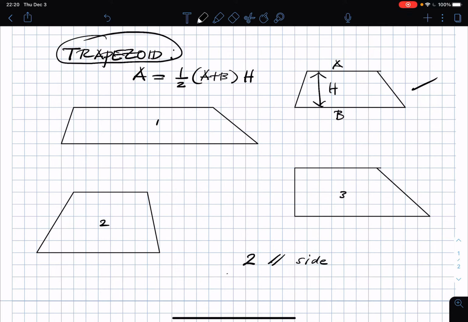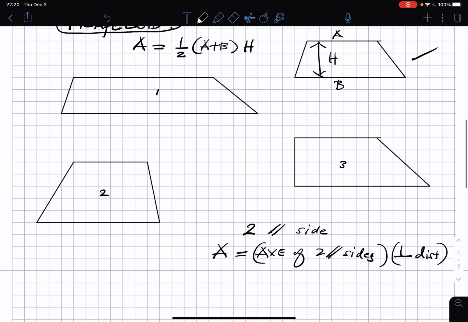And to solve the area of a trapezoid, it is the average of two parallel sides multiplied by the perpendicular distance between them. Okay.